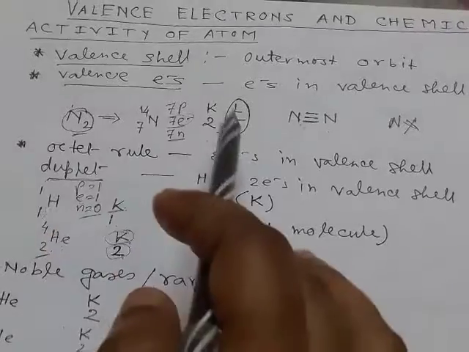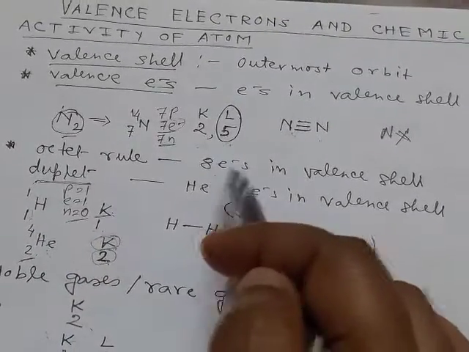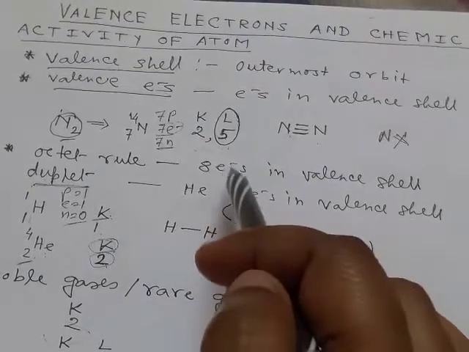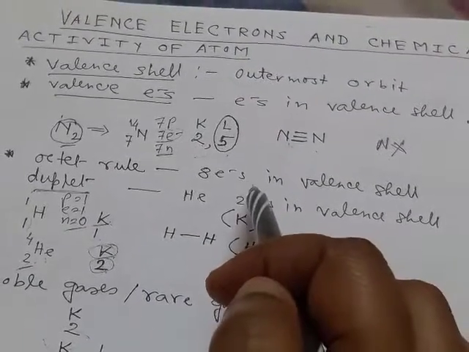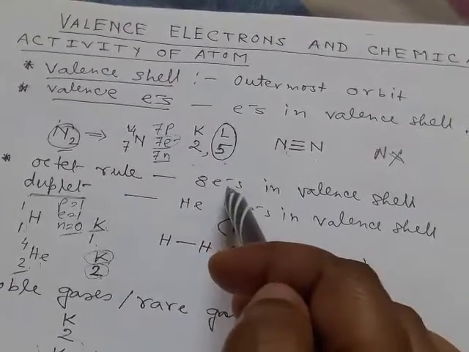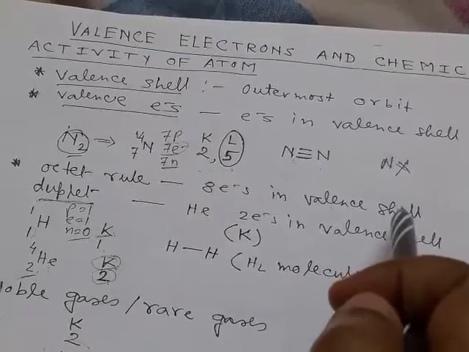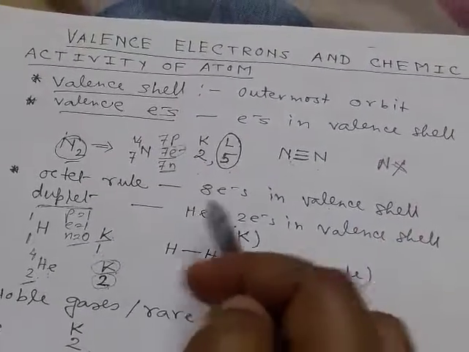From here comes the octet rule. The octet rule is that atoms always have a tendency to attain 8 electrons in their valence shell, and this is the stable electronic configuration for atoms.